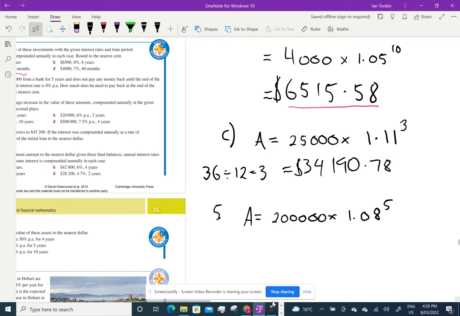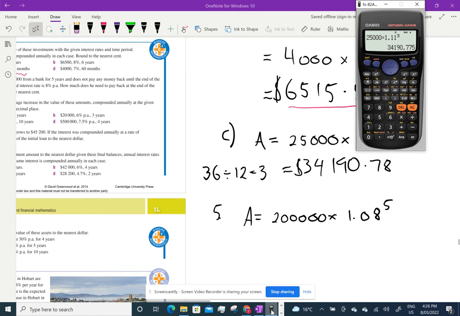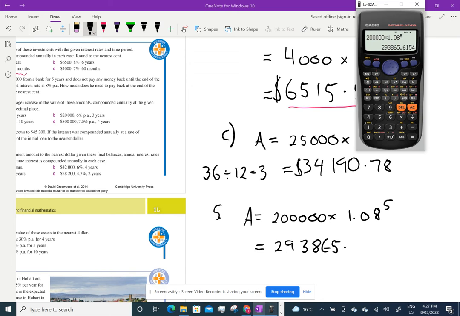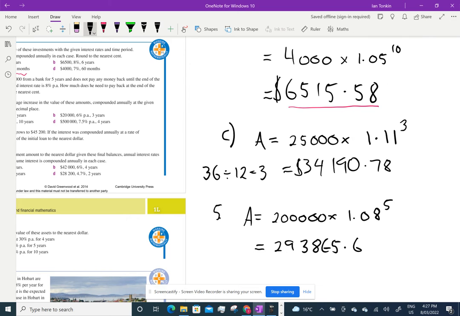Oh, look, let's do it. It's so quick. So 200,000 times 1.08 to the power of 5. So 293,865, and how many cents was that? 62.